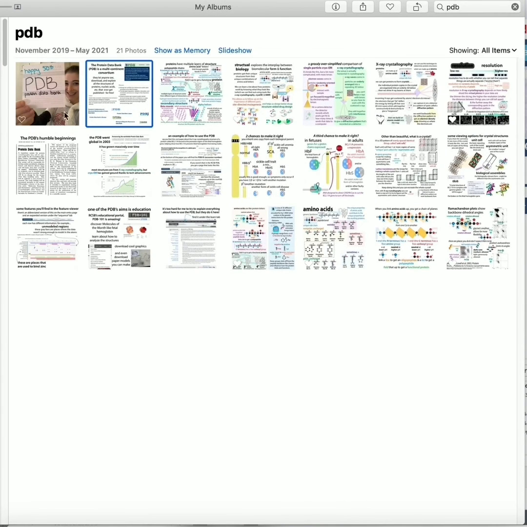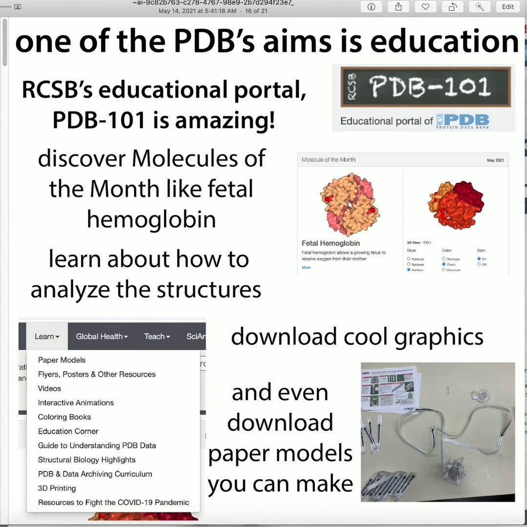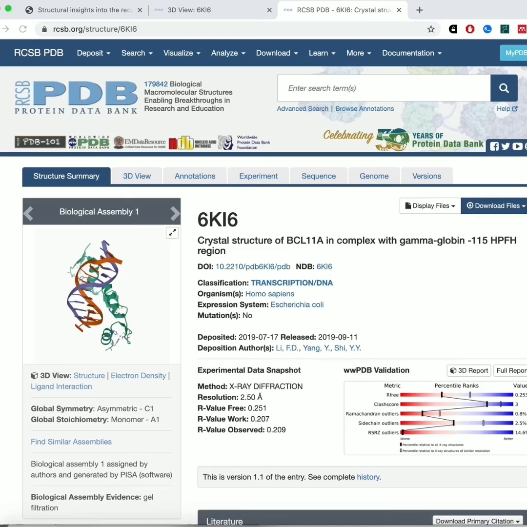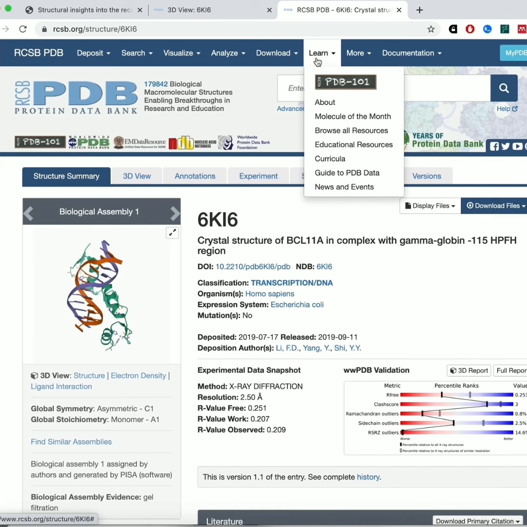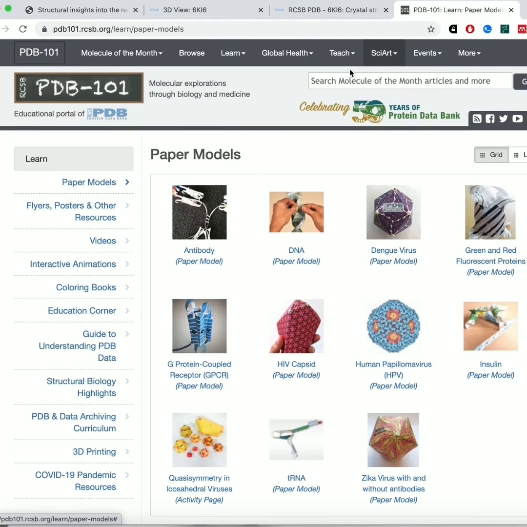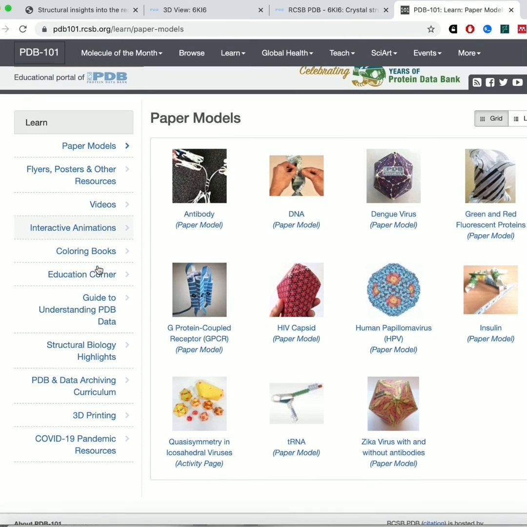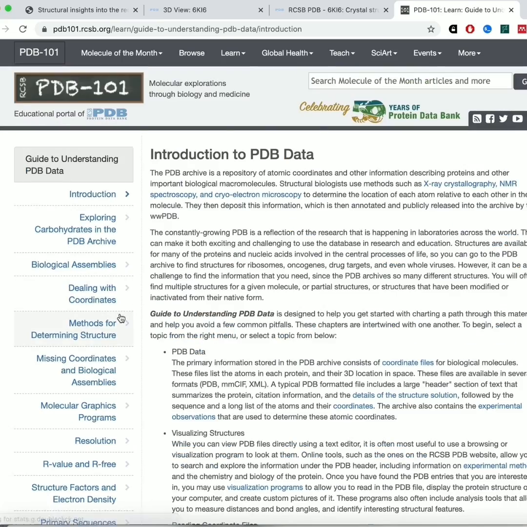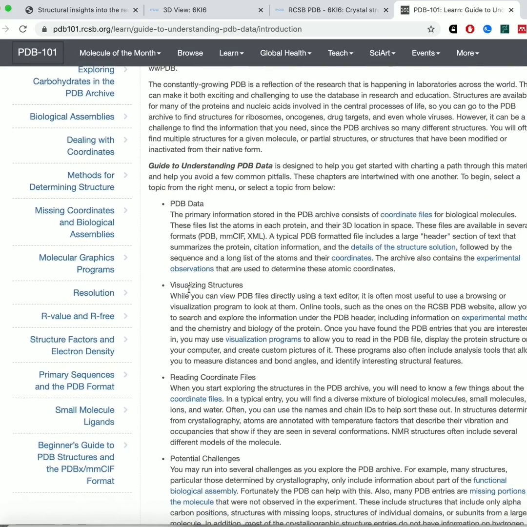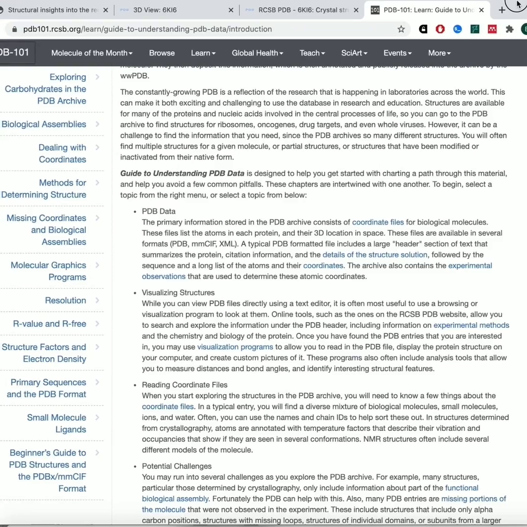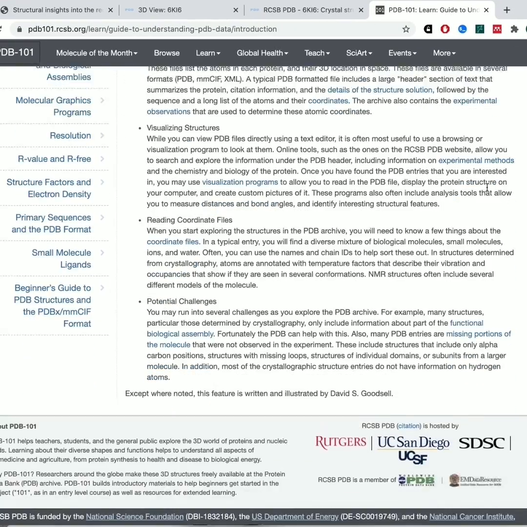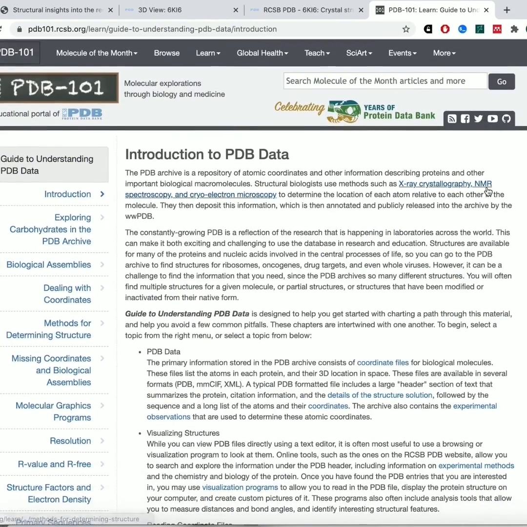I really like the RCSB because they have a lot of great educational tools, including some paper models you can use. If you want to learn more, I highly suggest checking out their educational resources. The Guide to Understanding PDB Data has a lot of very detailed information to help you understand what you're looking at.